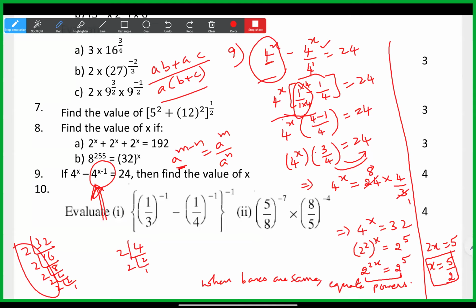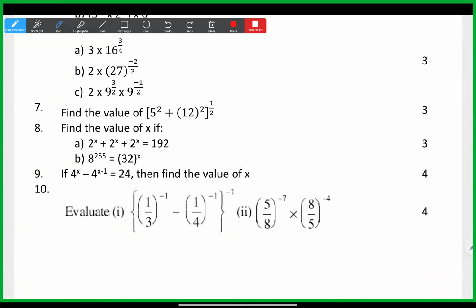Okay. Then the next question we do is: find the value of x if 2 power x plus 2 power x plus 2 power x is equal to 192.